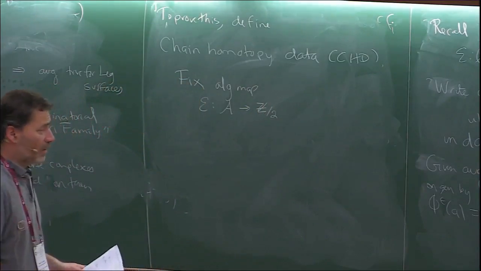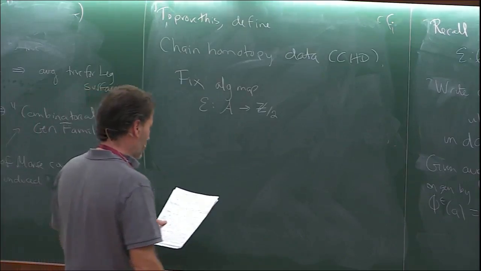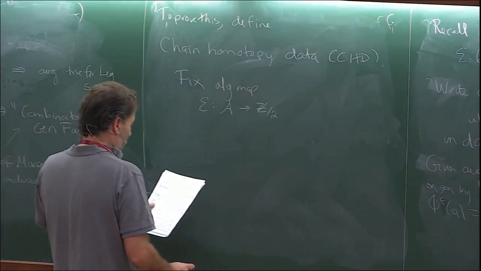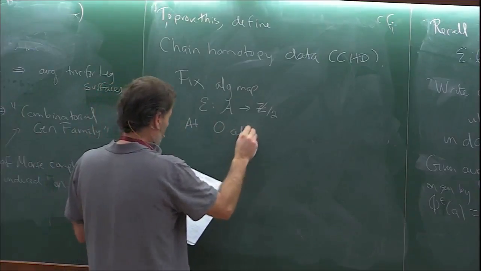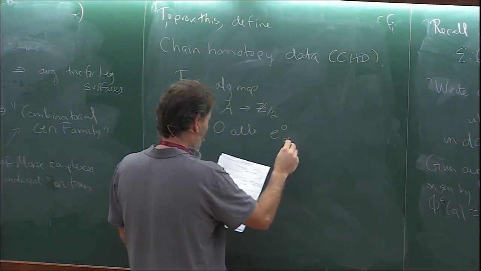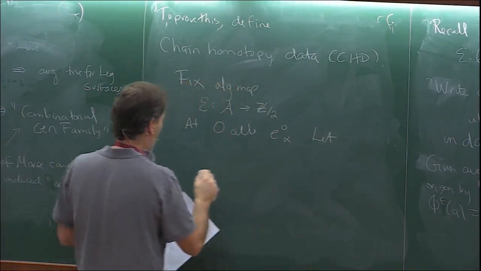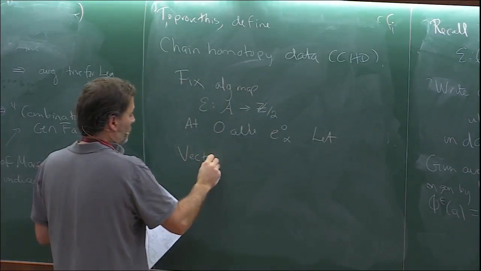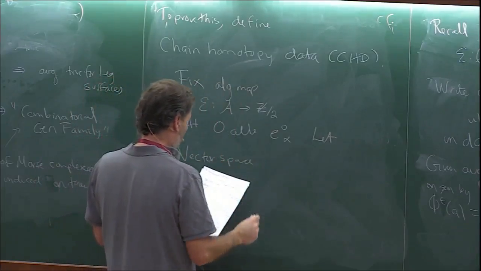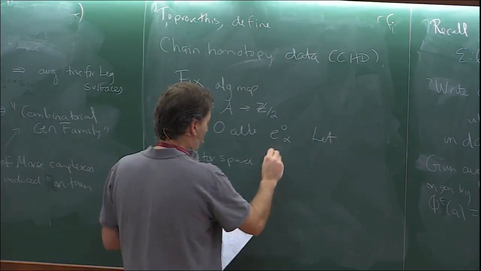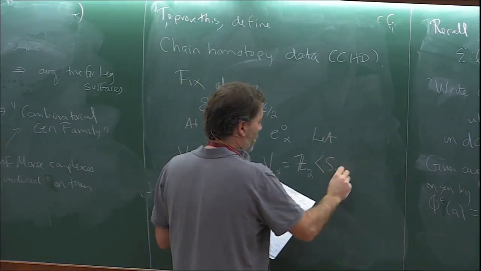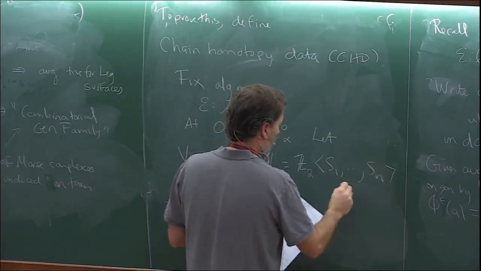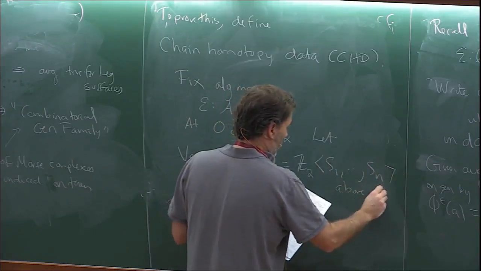It doesn't have to be an augmentation yet, even though I'm calling it epsilon. And at 0 cells, E0 alpha, we define a vector space V alpha to be, let's say it's Z2 graded by all the sheets above E0 alpha.